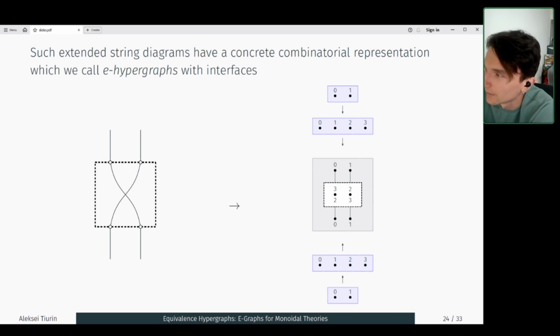We have a slightly more complicated notion of interfaces, just to be able to encode things that are within these hierarchical boxes. And notably, these concrete combinatorial structures absorb all the equations from the laws of the symmetric monoidal category, but they don't absorb the equations we have for plus.